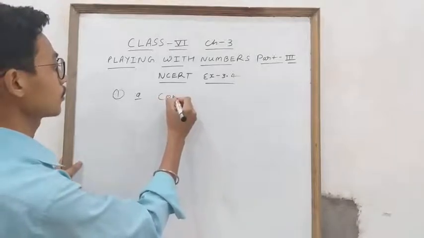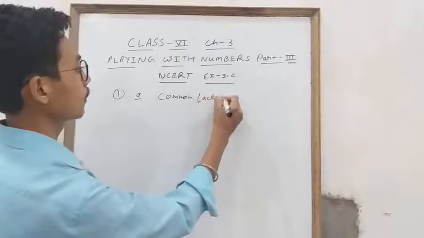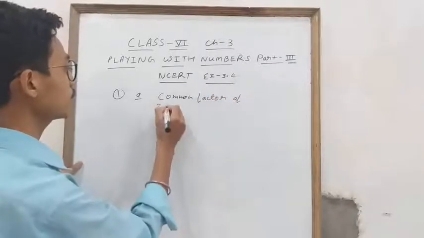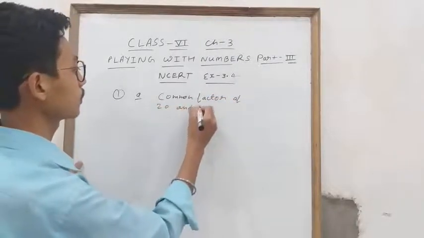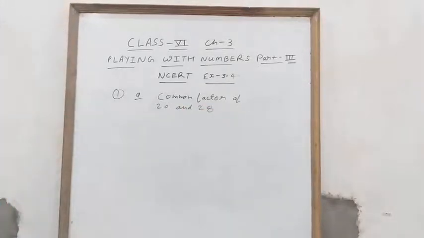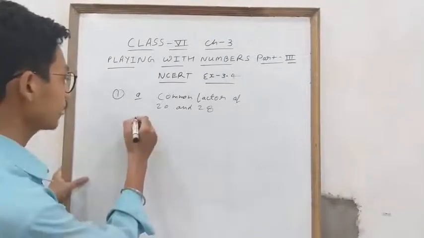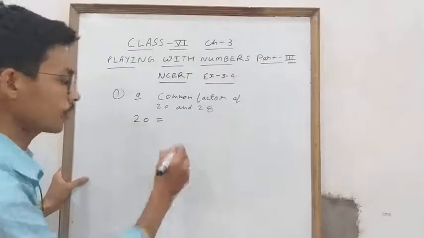You have to find out the common factor of 20 and 28, student. Okay. So how will you find the common factor? You will write down 20. What are the factors of 20?